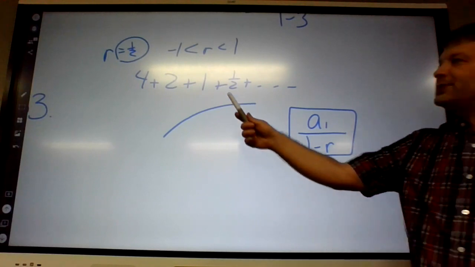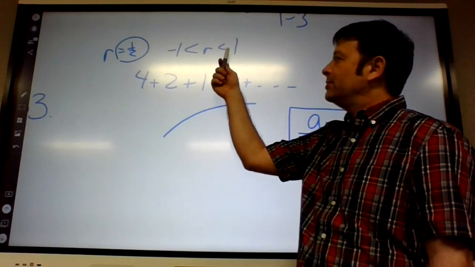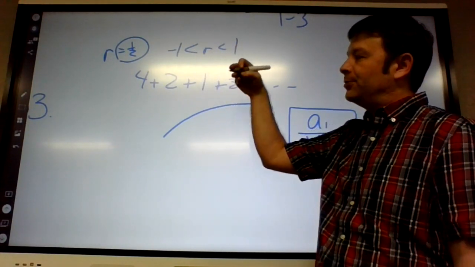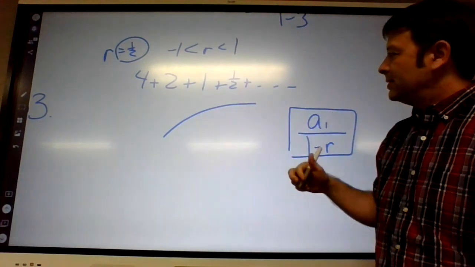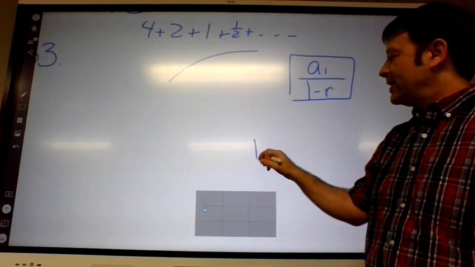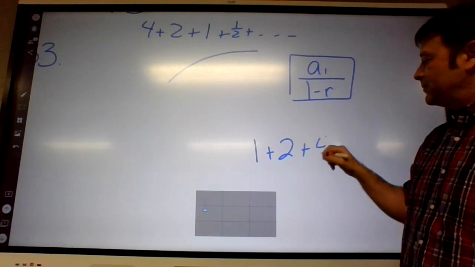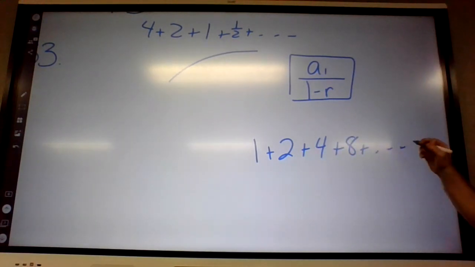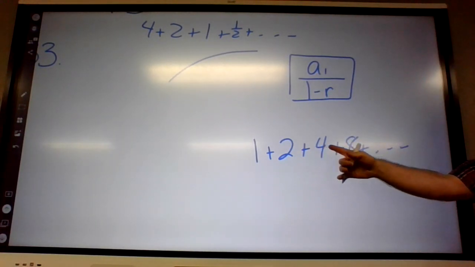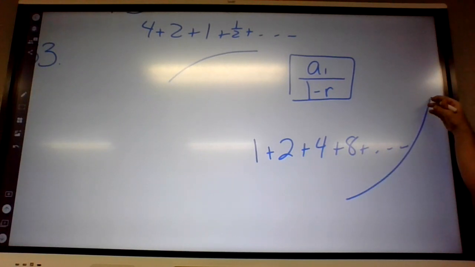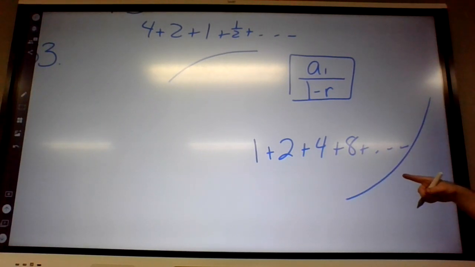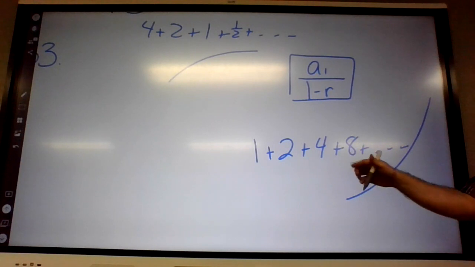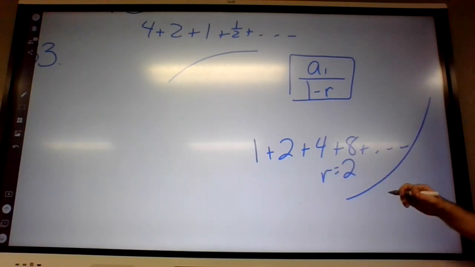If r is not less than 1 or greater than -1, if it's like 2 or 3 or 4, so for example, if we had this series, 1 plus 4 plus 8 plus and so on, if we keep adding these numbers together, it's just going to get bigger and bigger and bigger forever and ever. It's not going to approach a number. So this diverges because r is 2.